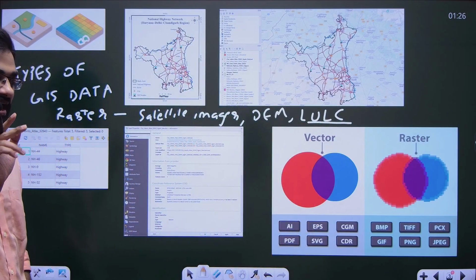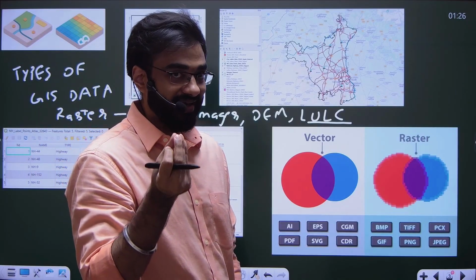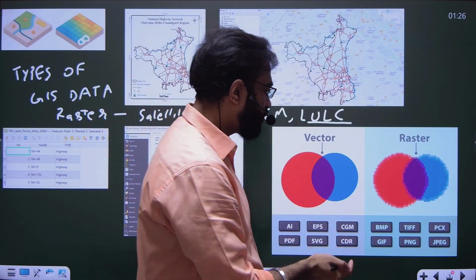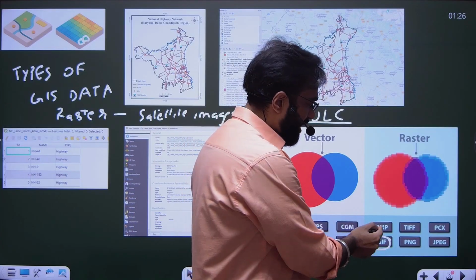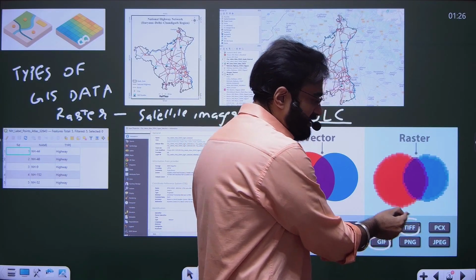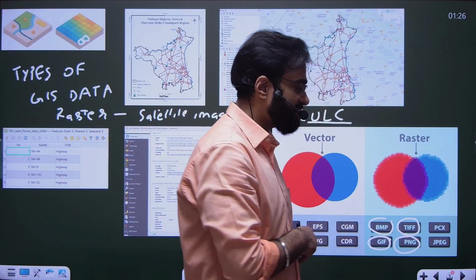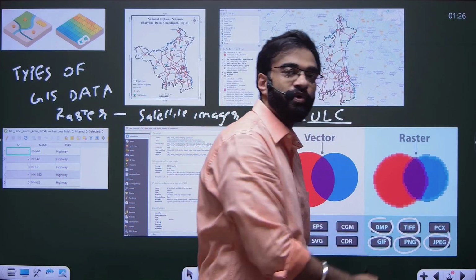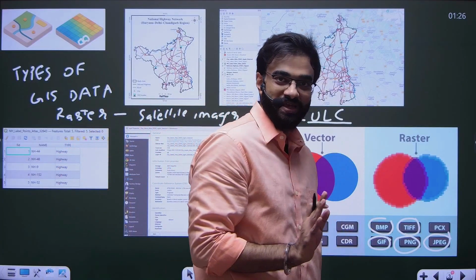If you are in the habit of using computers regularly on a daily basis, you have heard of GIF, graphical interchange format, bitmap, TIFF, tagged image file format, PNG, portable network graphics, JPEG, Joint Photographic Experts Group. All these are also raster based, pixel based.